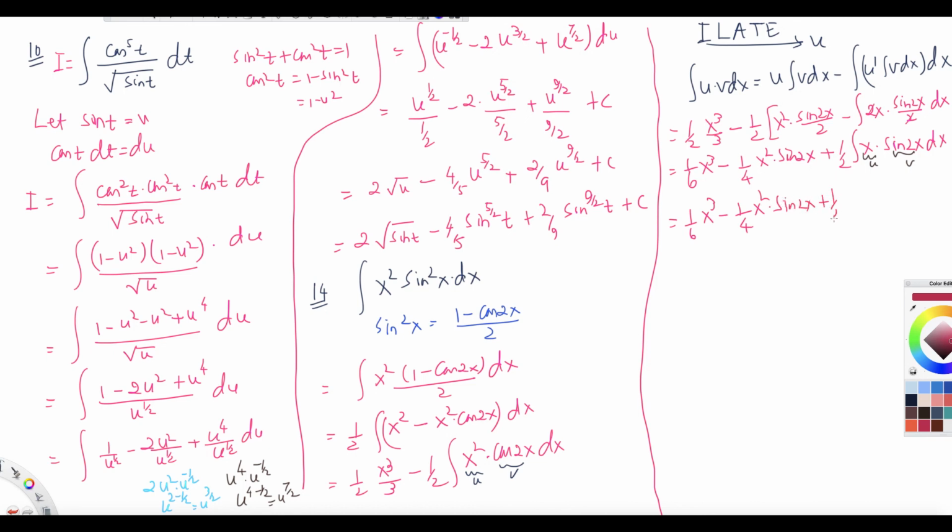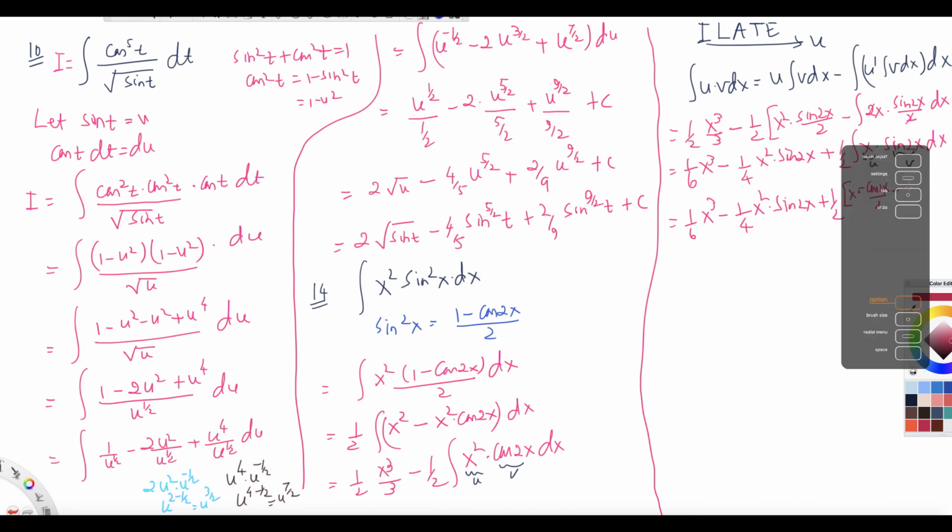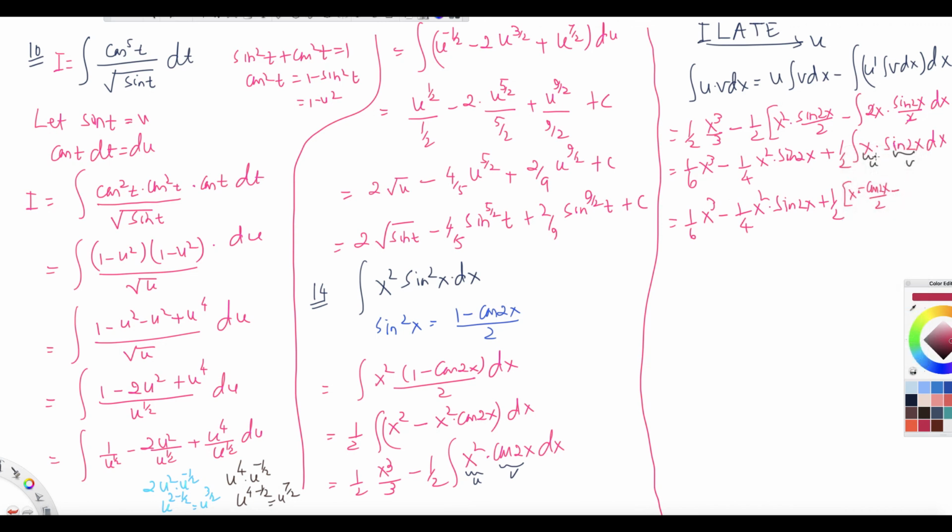plus 1/2 times, again, u times the integral of v, which is x times negative cosine 2x over 2, because the integral of sine 2x is negative cosine 2x over 2, and then minus the derivative of u, which is 1, times the integral of sine 2x, which is negative cosine of 2x over 2, dx.